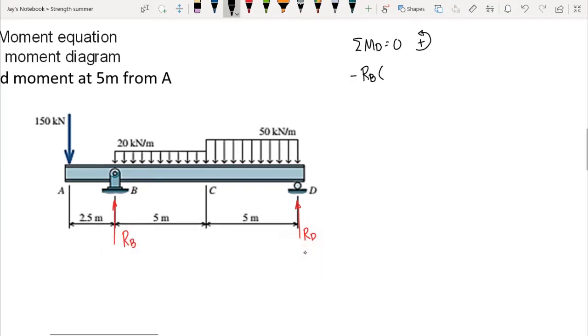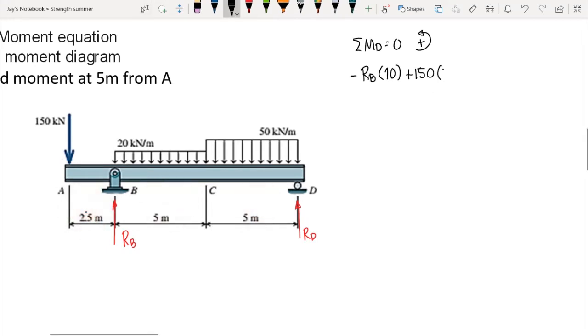So we have negative RB, and the moment arm is 10 meters, the distance from RD, that is 5 plus 5. Now, for the concentrated load, 150 kilonewton, the rotation is counterclockwise with respect to D. Therefore, we have plus 150 times the moment arm from D, that is 5 plus 5 plus 2.5.